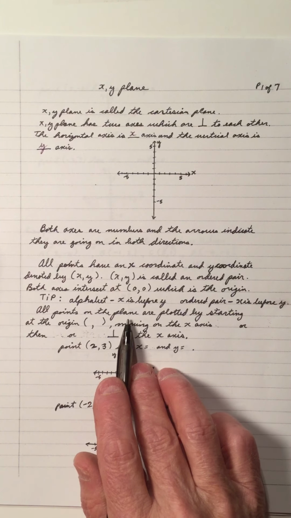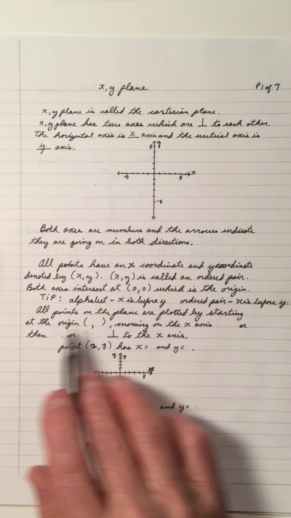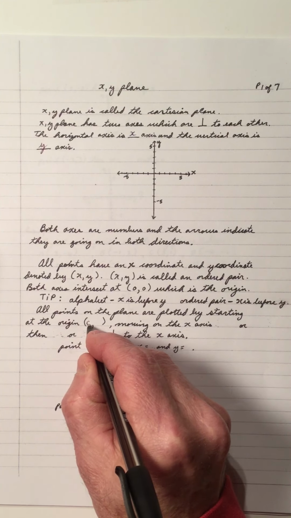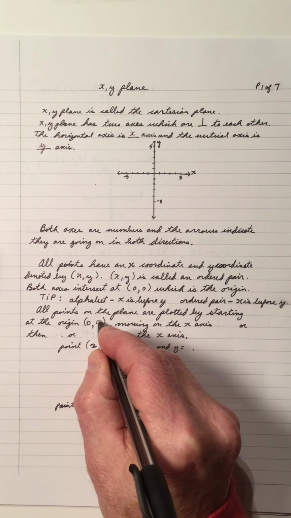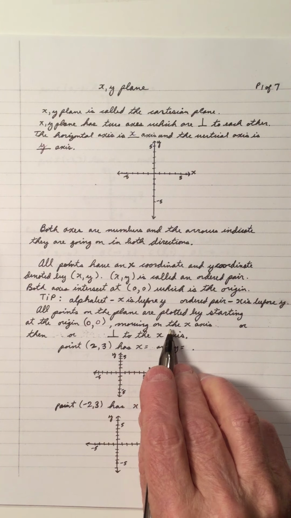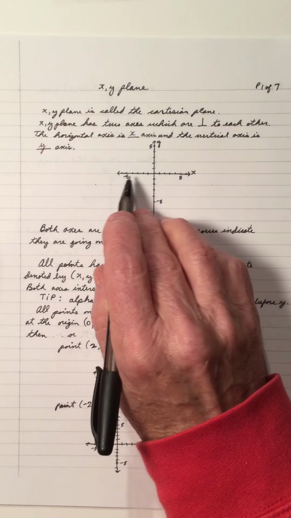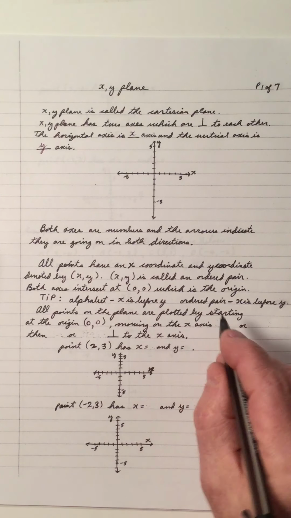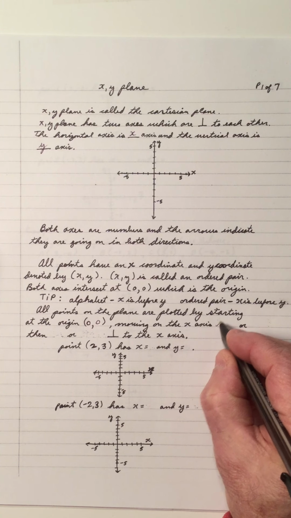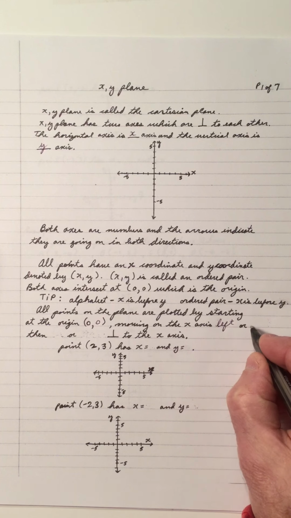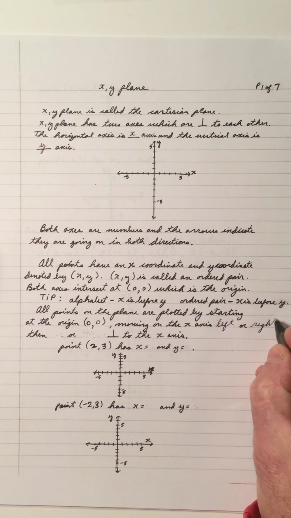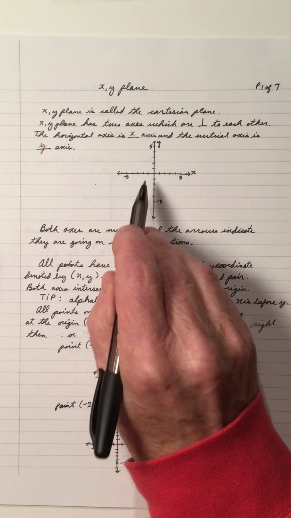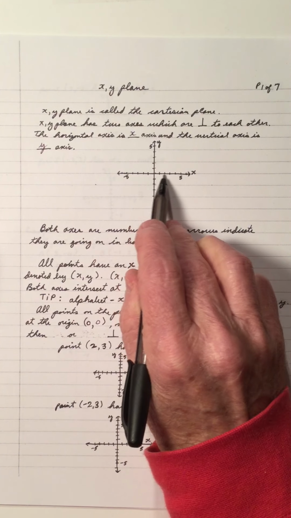All points on the plane are plotted by starting at the origin, (0, 0), moving on the x-axis first, either left or right, depending. Left if it's negative, right if it's positive.